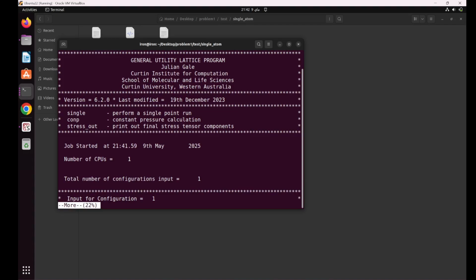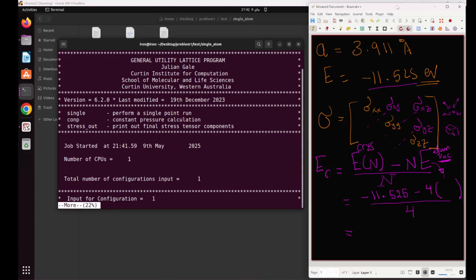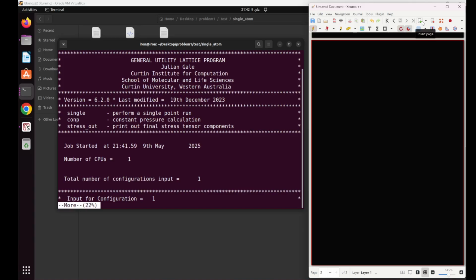We can actually go right away and see the answer, but before we do this, let's think a little bit. We can get the answer, of course, from the output file. Let's have some thinking. I have a big box. Let me make this 2-dimensional. I have a very big box whose length is 15 angstrom, and I have only one atom sitting here.